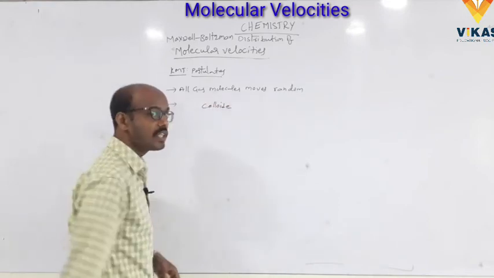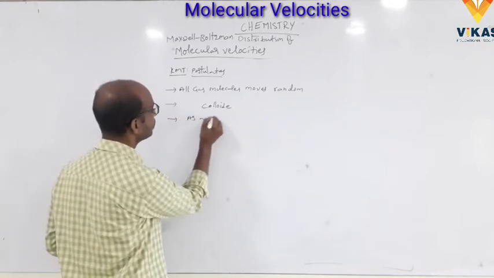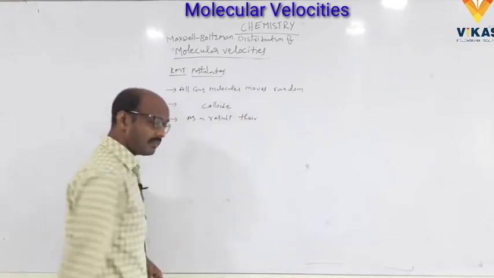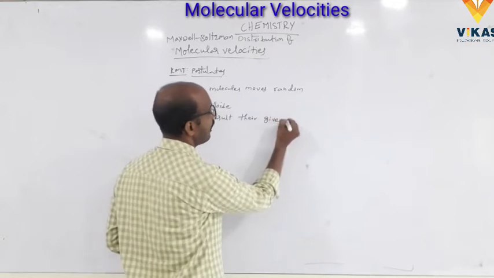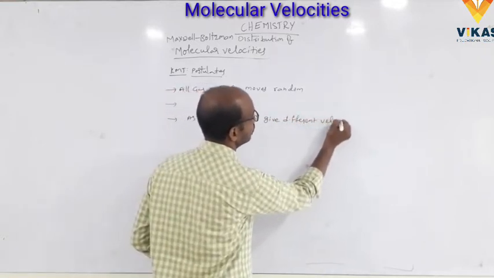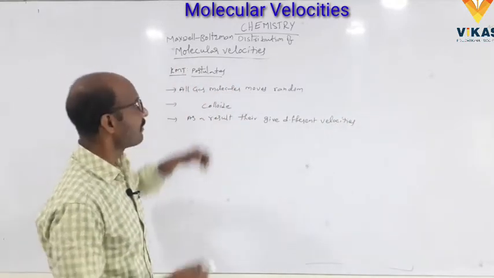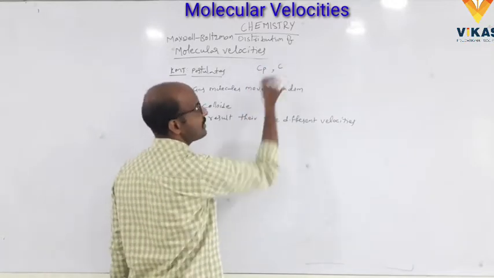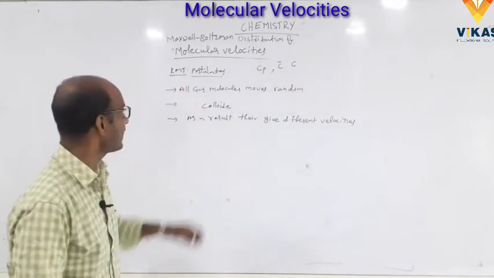Collide with each other. As a result, they give different velocities. The different velocities are the most probable speed, the average velocity C bar and the RMS velocity C. So what is that point?